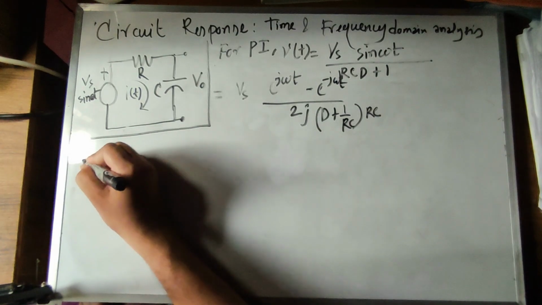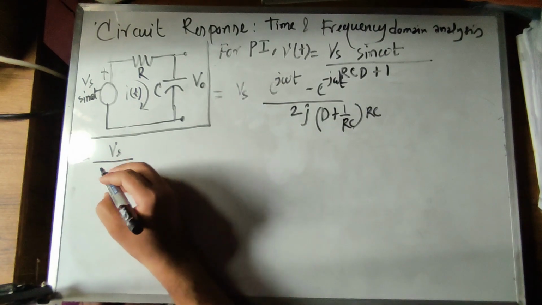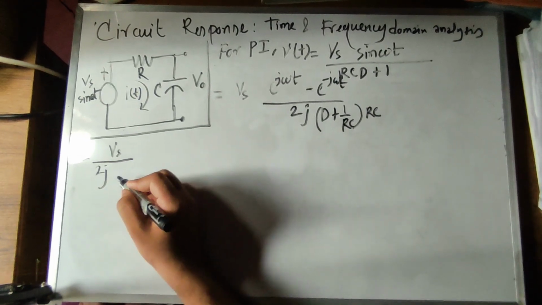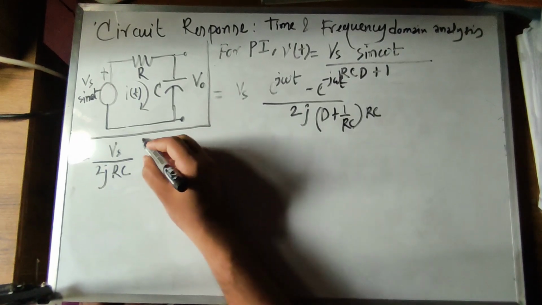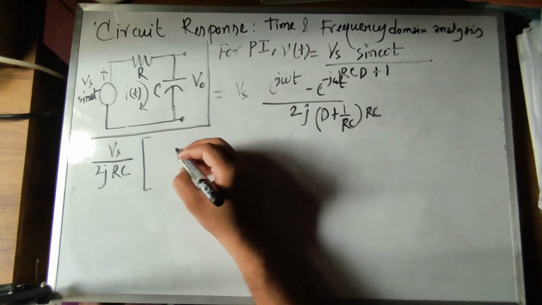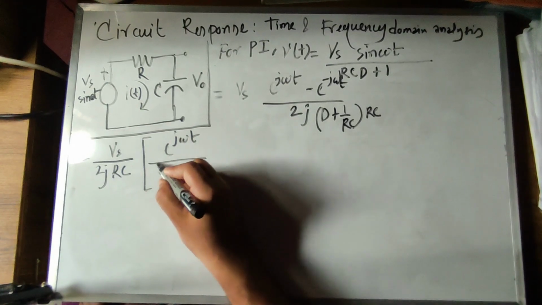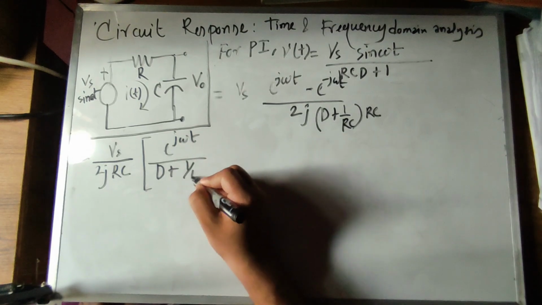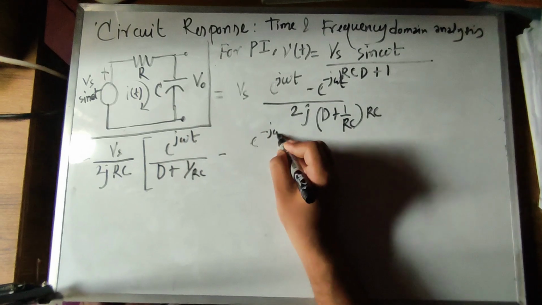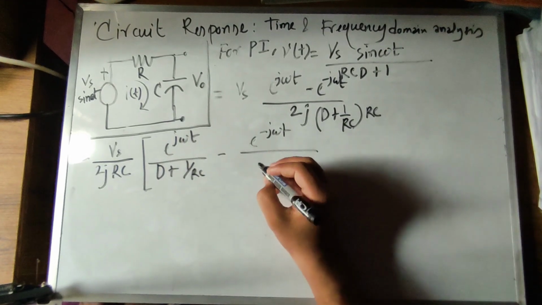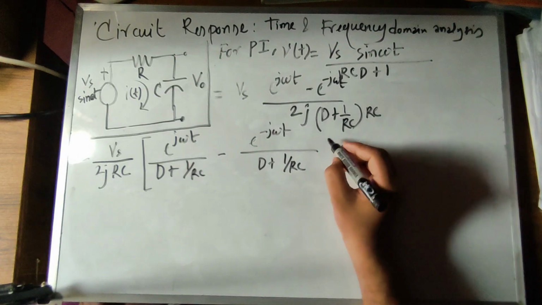Now all we can do is V is Vs by 2j RC. So e to the power j omega t by (D plus 1 by RC) minus e to the power minus j omega t by (D plus 1 by RC).